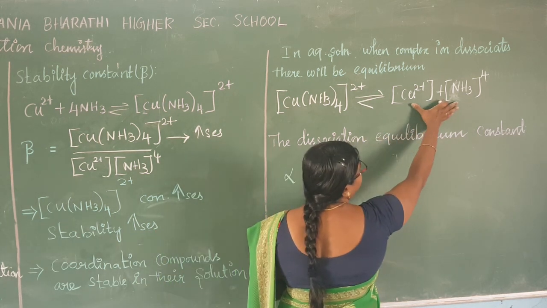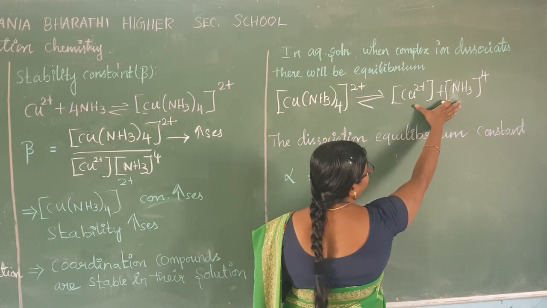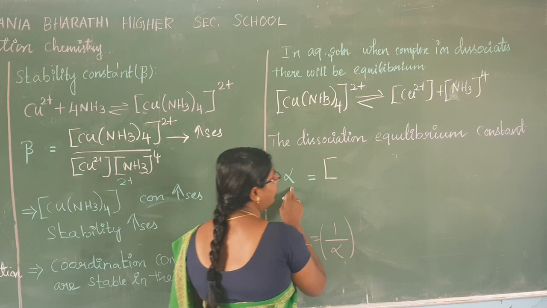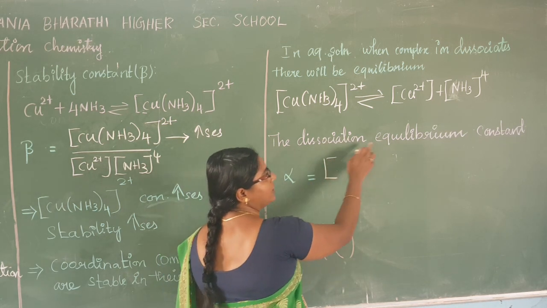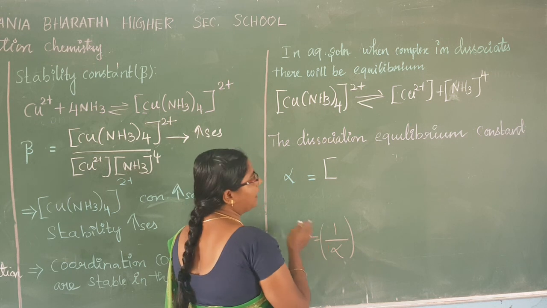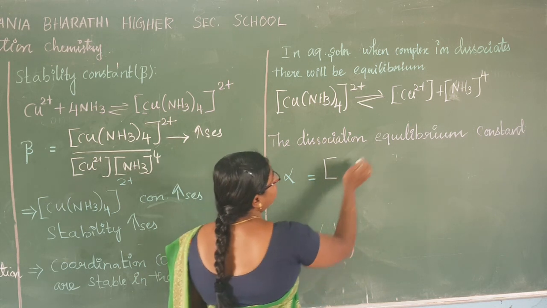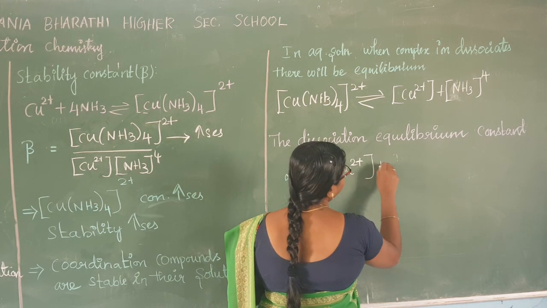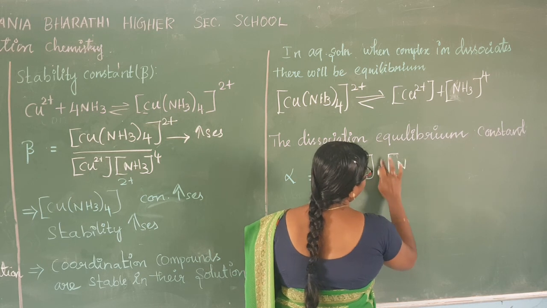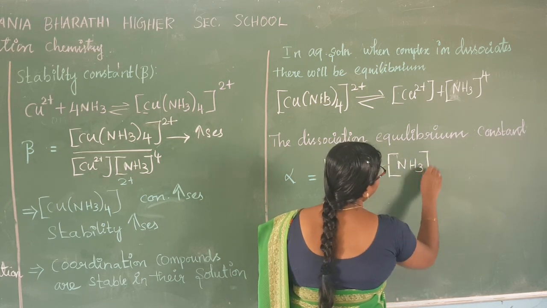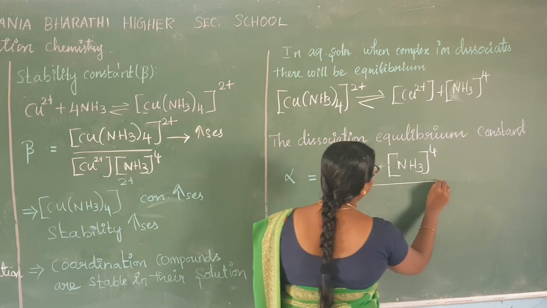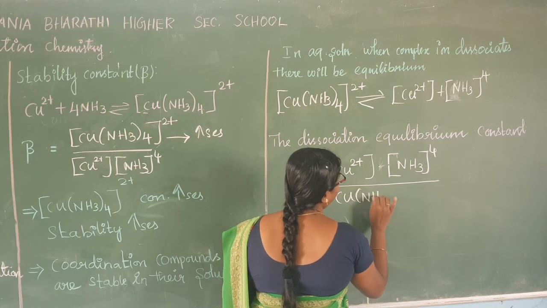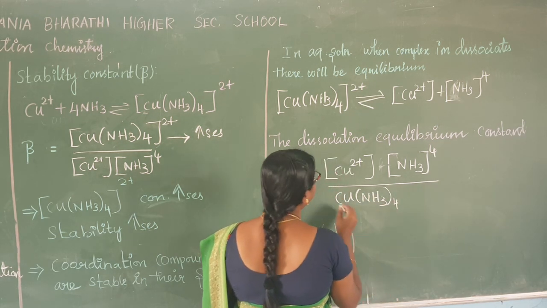It is the products divided by the reactants. Alpha, the dissociation equilibrium constant, can otherwise be called the instability constant. So I can write it as [Cu2+][NH3]4 divided by the complex ion [Cu(NH3)4]2+.